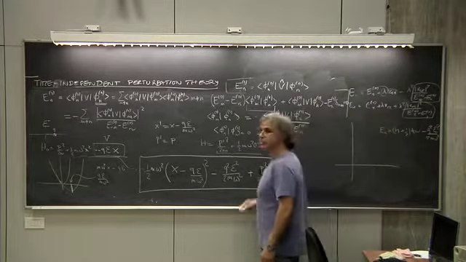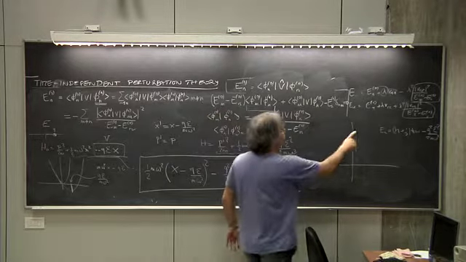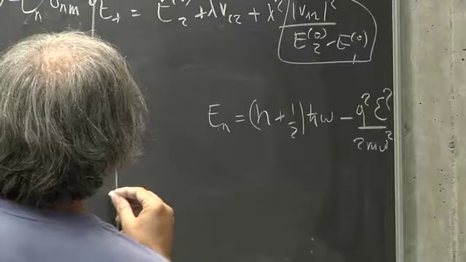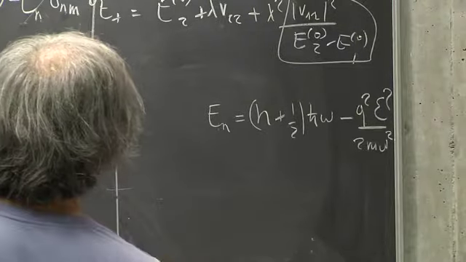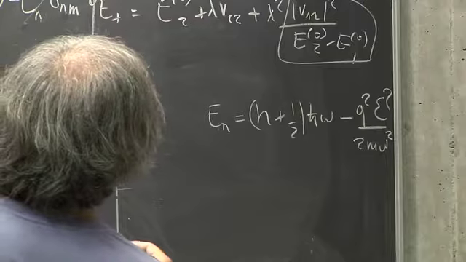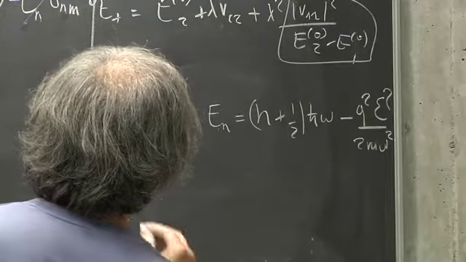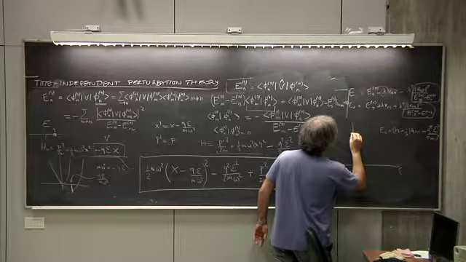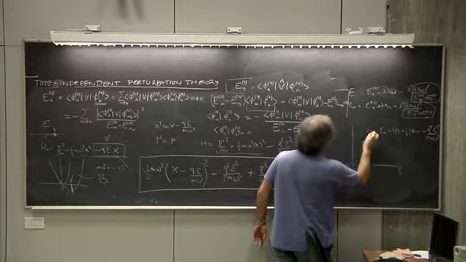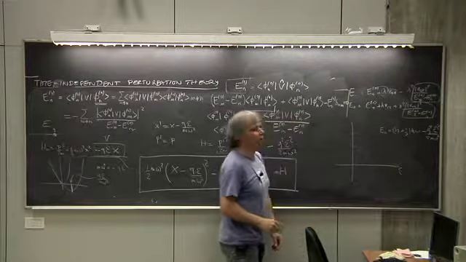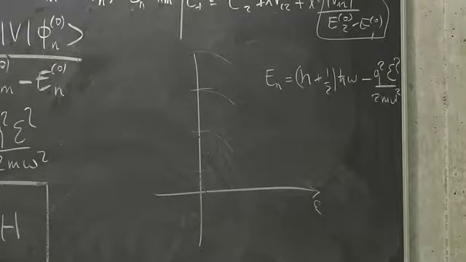So if these were the original eigenvalues, they are just shifted down by this constant. They are just shifted by a uniform constant. Is this clear?